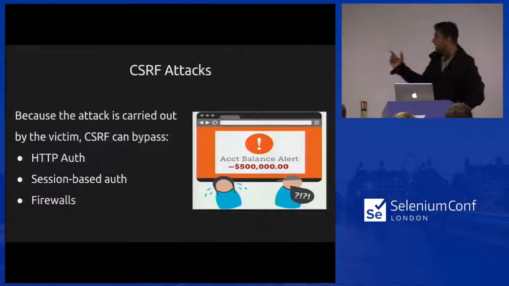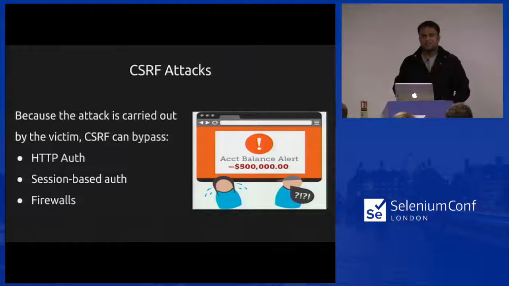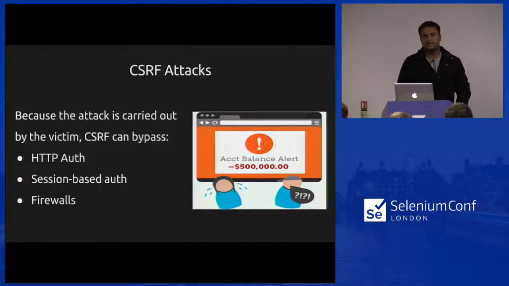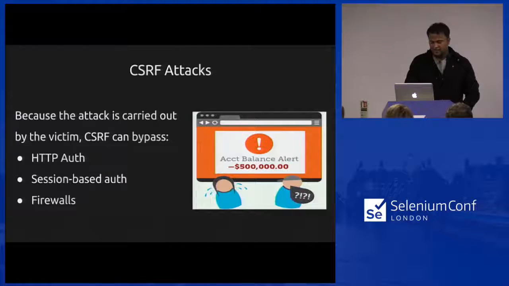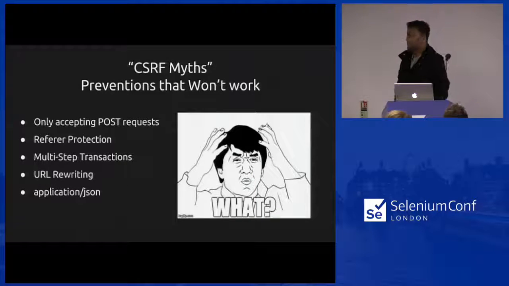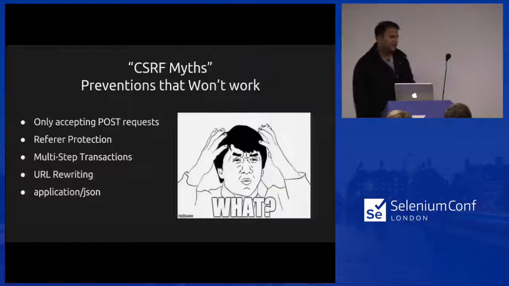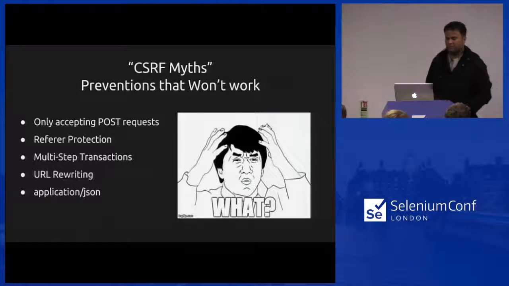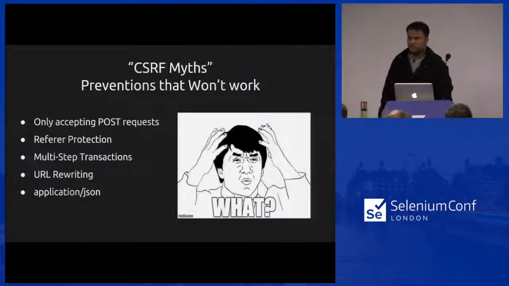If you can see this example here, if there is a bank website vulnerable to CSRF, I can perform stateful actions like transferring funds, and things can go wrong. There are a couple of CSRF myths you should be aware of. Some companies say, we only accept POST requests, so we are not vulnerable to CSRF. So what?